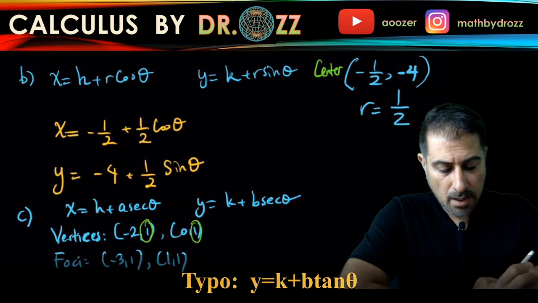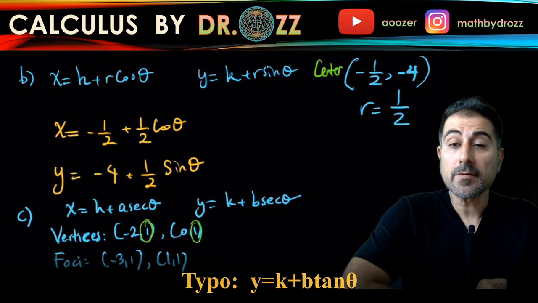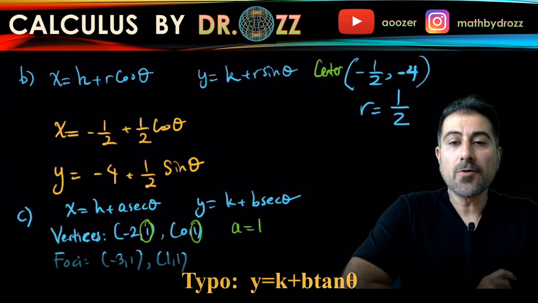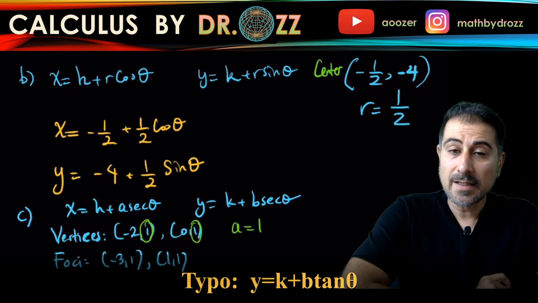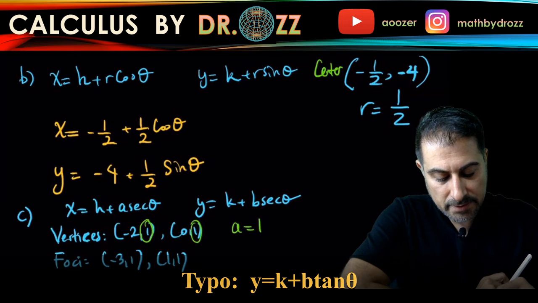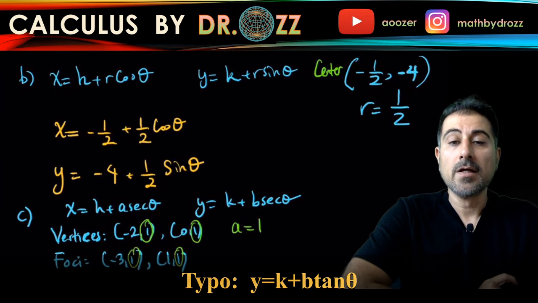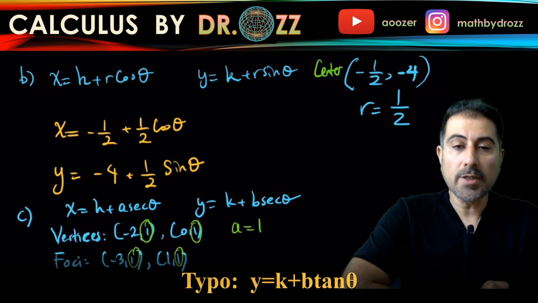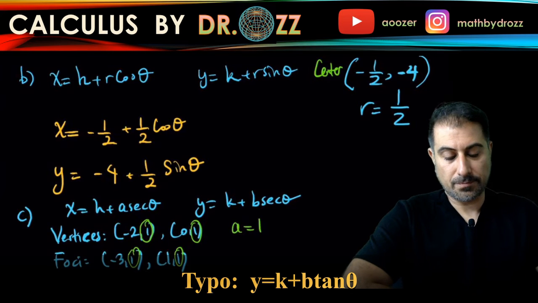So a out of this equals 1. Same thing for the foci. The distance between two foci is 2c. I can see that the y coordinates are the same. So you're jumping from -3 to 1 for x, so the distance is 4. That's 2c, so c is going to be just 2.